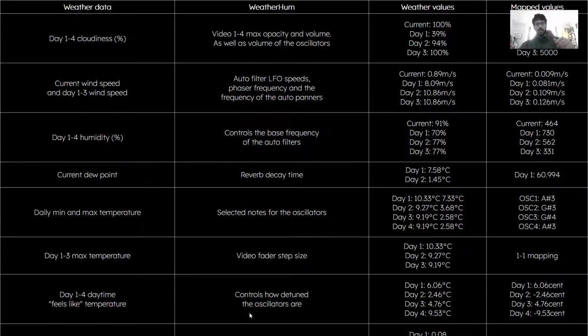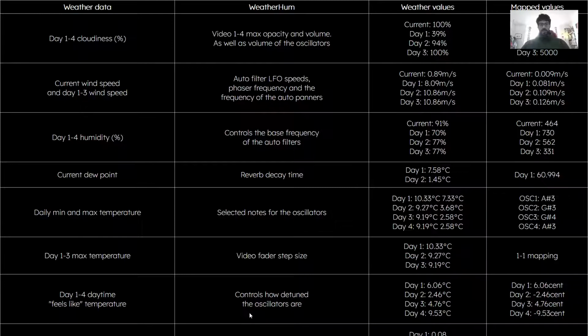Wind speed controls how fast the autofilters move up and down, so that's in meters per second, and then I mapped that by dividing it by 10 just to make it into a really slow, low frequency oscillation. So you've got like 0.8 frequency. That's really going to move the auto filter really slowly up and down. So it just gives the whole piece a nice movement.